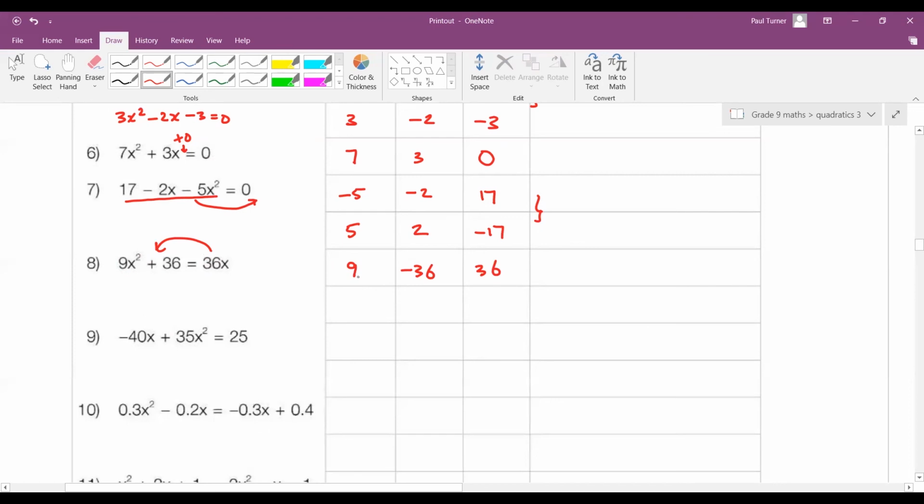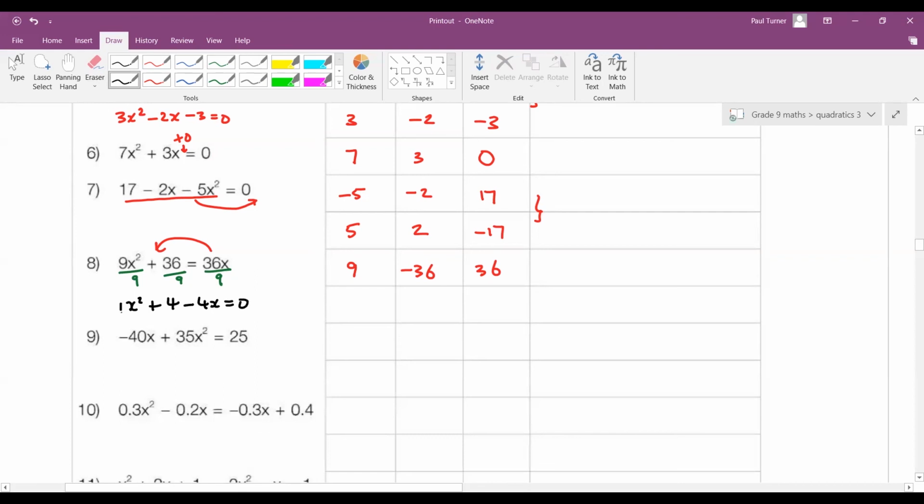But I'm thinking for this one, instead of moving them, how about you divide by 9? Because I think that will make your work easier when you do your formula. So if you've got smaller numbers, that's better than using big numbers. So go for small numbers. So this will be x squared plus 4, and if that comes over, that would be minus 4x equals 0.